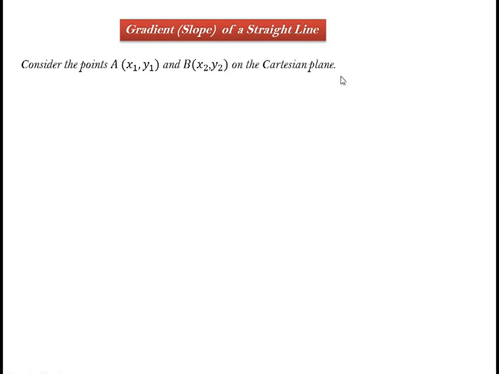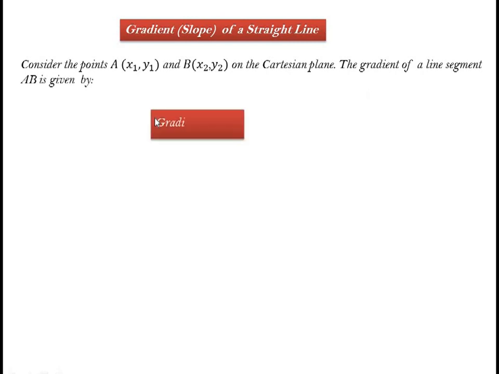Okay, we'll look at gradient or slope of a straight line. Here we are looking at the change on the y-axis over the change on the x-axis. So if you have these points x1, y1 and x2, y2 on the Cartesian plane, the gradient or slope of the line segment AB is given by gradient equals y2 minus y1 all over x2 minus x1.